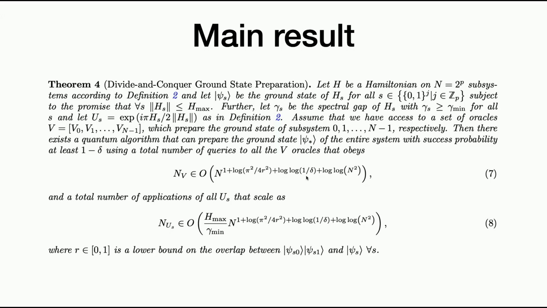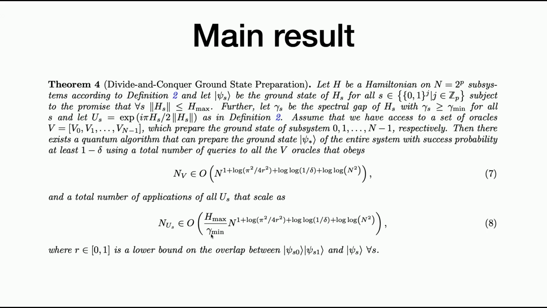And similarly, the number of queries you need to these U_S oracles has a very similar factor, but because you use it in the quantum phase estimation subroutine, you have this additional resolution factor here, which scales like H max, which is an upper bound on the norm of any of these subset Hamiltonians, divided by the minimum spectral gap of any of these subset Hamiltonians.